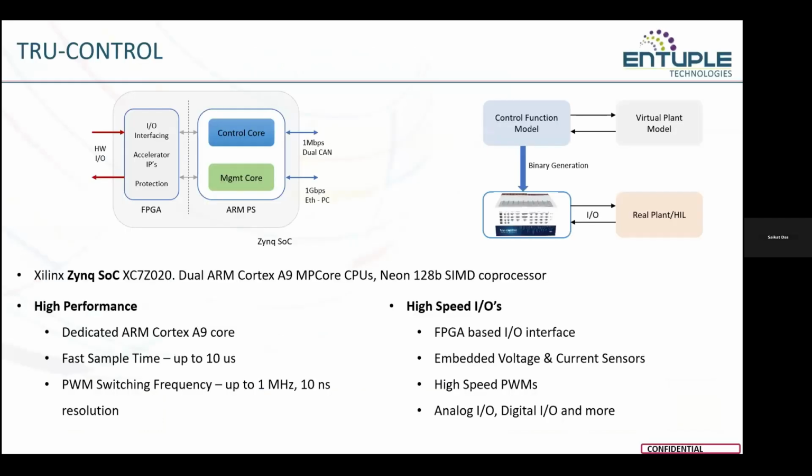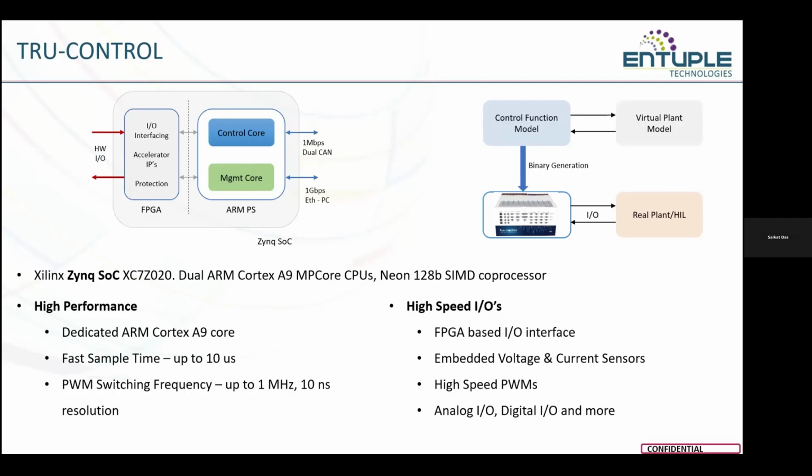Now let's come to the technical specification of the controller. TrueControl is based on a Xilinx Zynq system on chip device. The system on chip contains an FPGA as well as ARM processors. The FPGA is used for IO interfacing, meaning all the hardware IOs interface to the FPGA, and all the protection logic runs independently on the FPGA. Here we are using dual ARM processors.